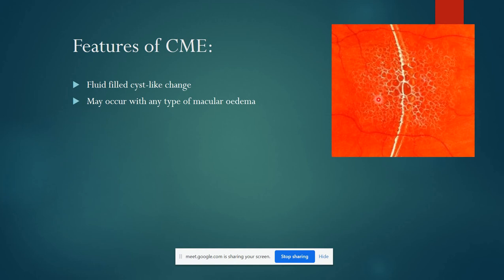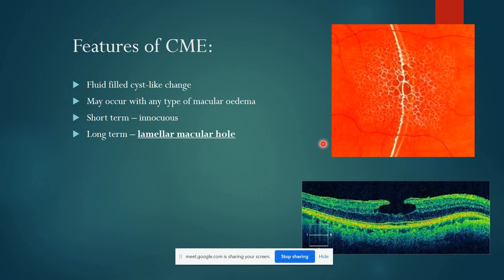These kinds of cystic changes can be seen with any form of macular edema. When it comes to CME, it is mostly short term, and if it is long term, there might be a lamellar hole. We will see what a lamellar hole is in the upcoming slides.